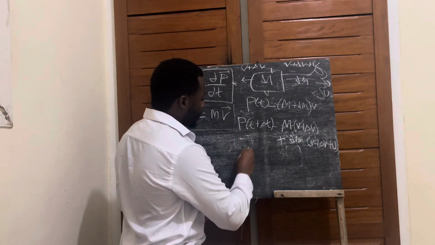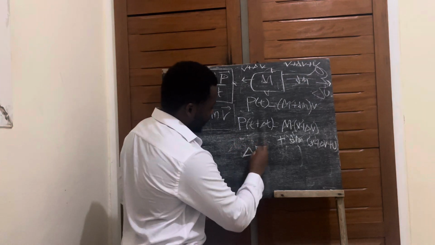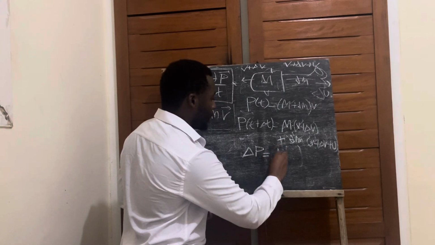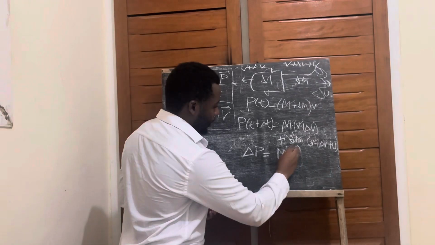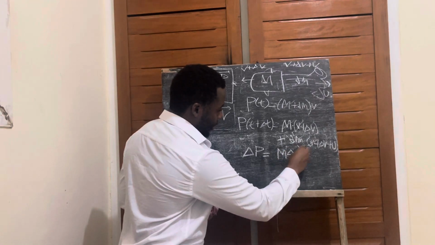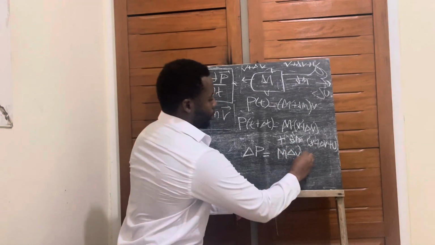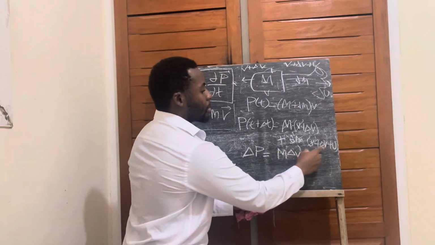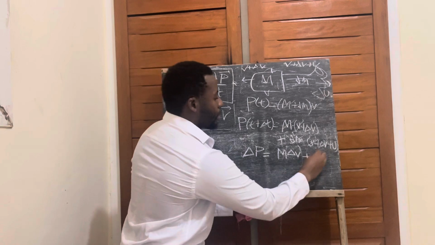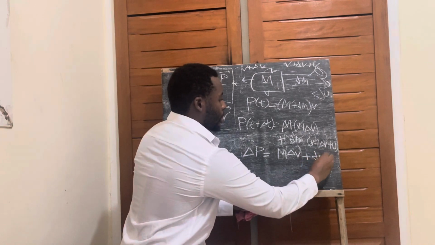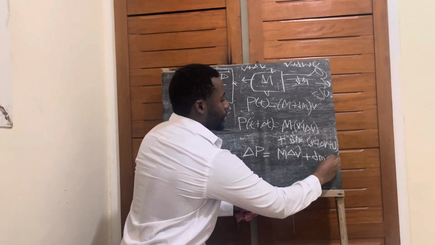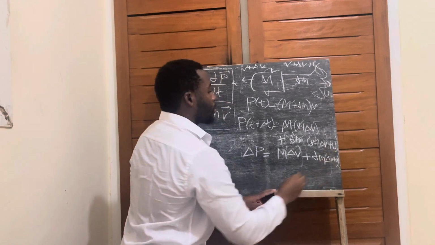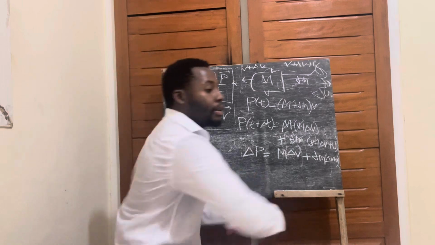We have delta p is equal to m times delta v plus dm times the quantity delta v plus u, and this is delta p.